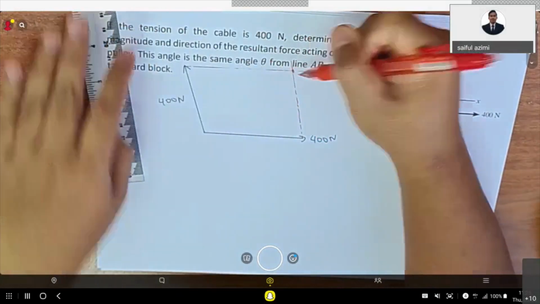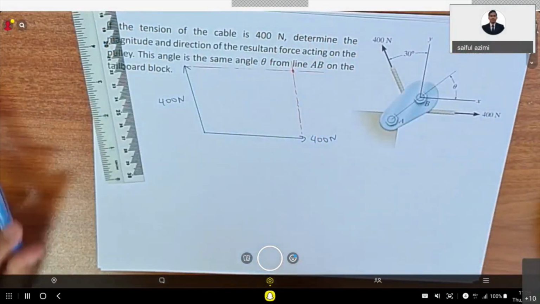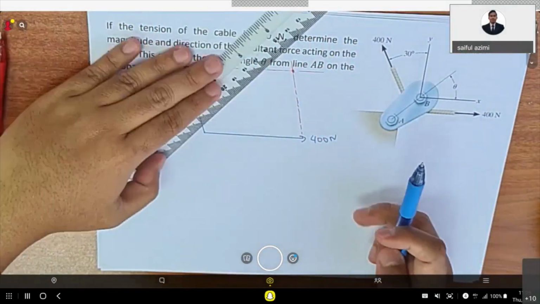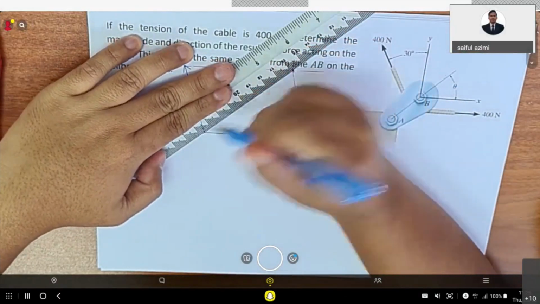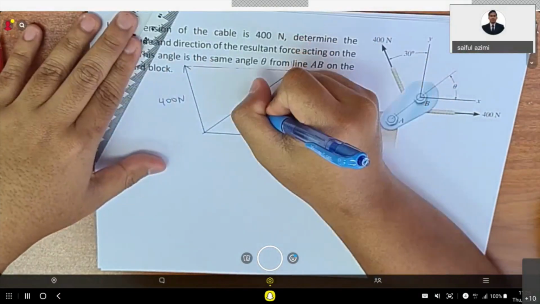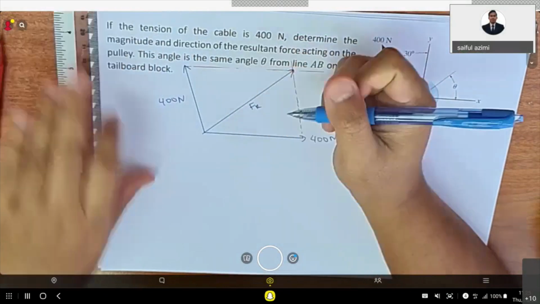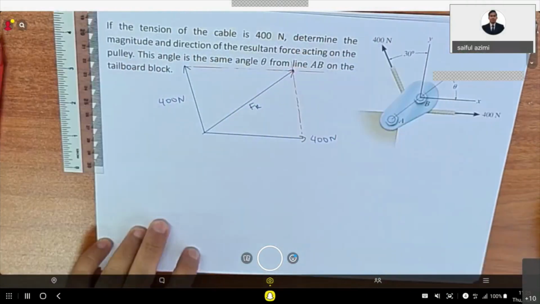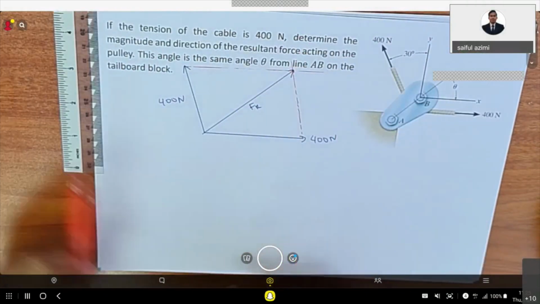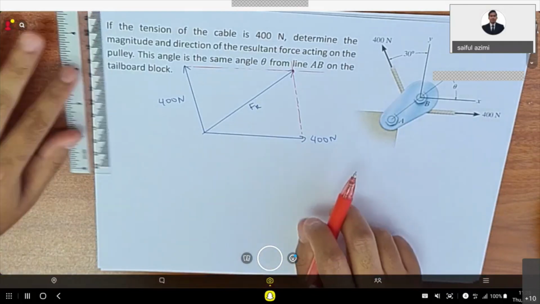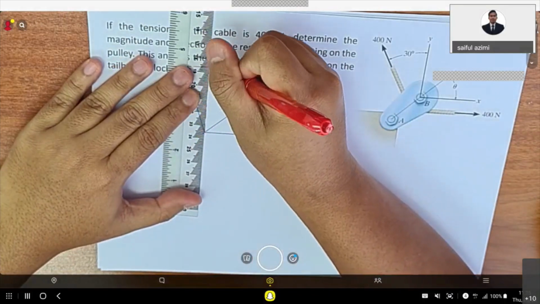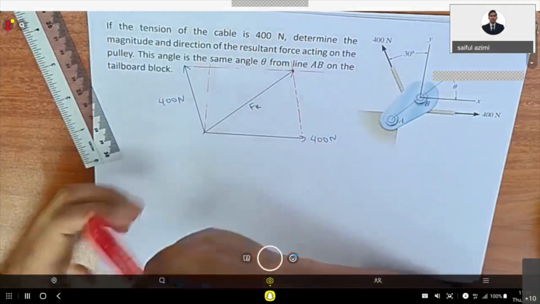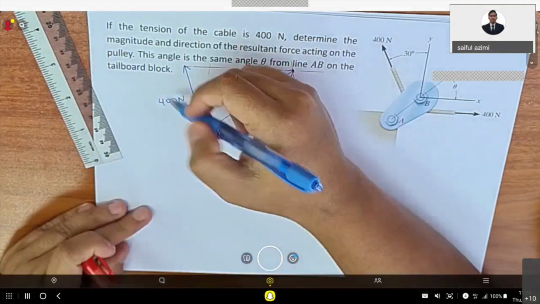From your parallelogram, you can get your resultant force, so this is your resultant force, Fr. From the parallelogram, it is already given that the first angle here is equal to 30 degree.